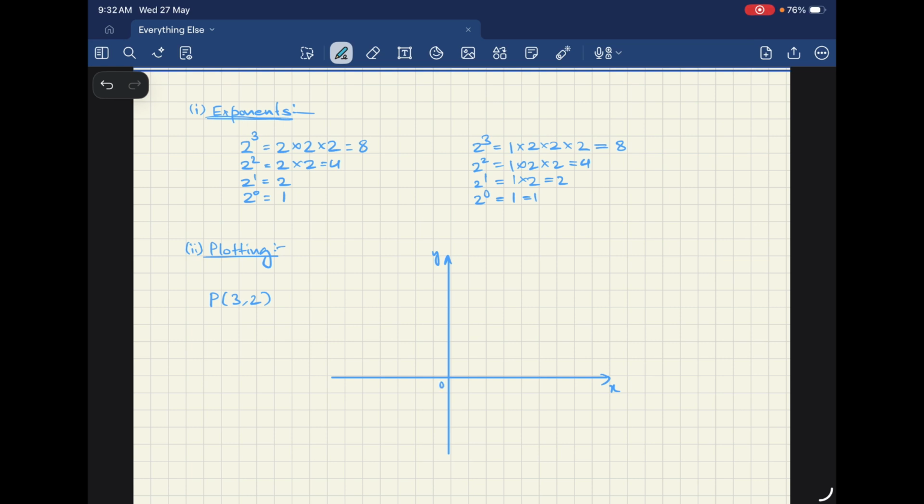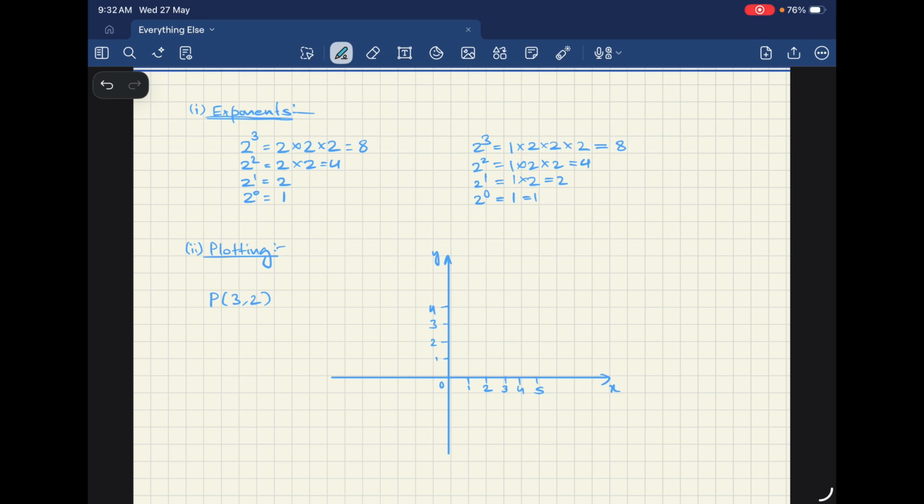And this is our origin, that means the value is 0 here. Now, similar to number lines, we assign values like 1, 2, 3, 4, 5, depending on our requirement, and the same for the y-axis, 1, 2, 3, 4.